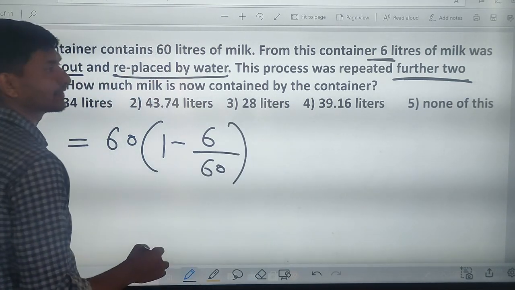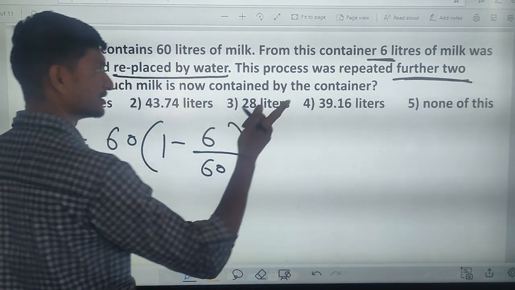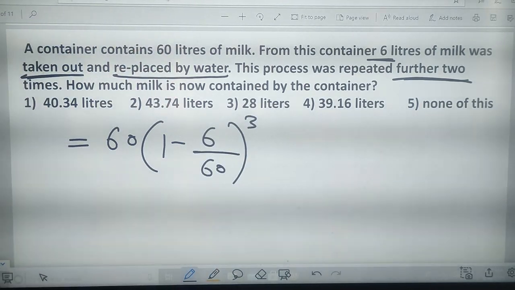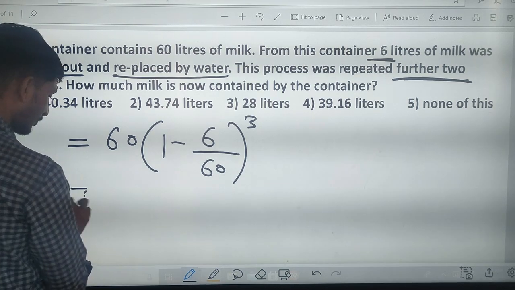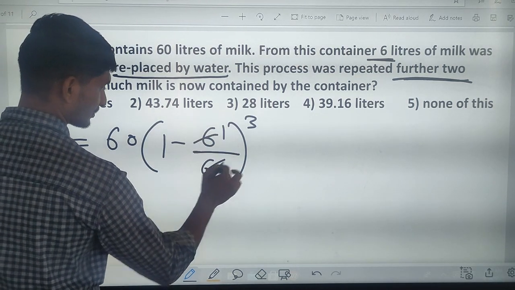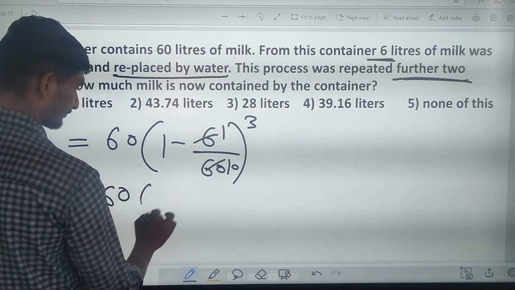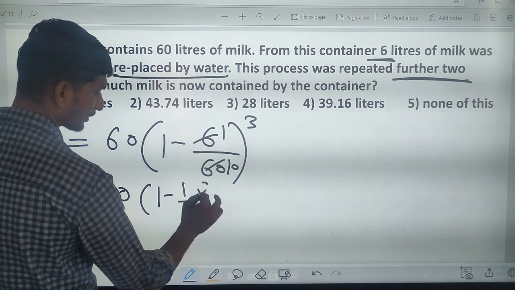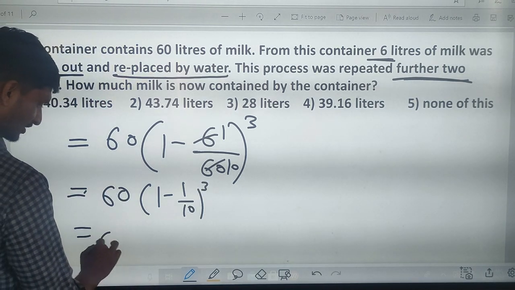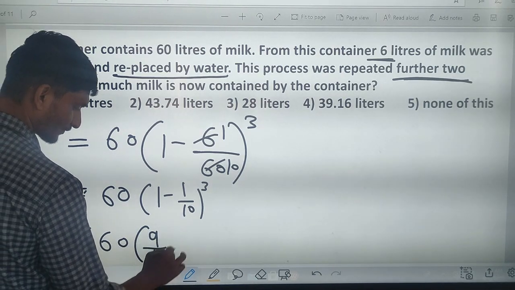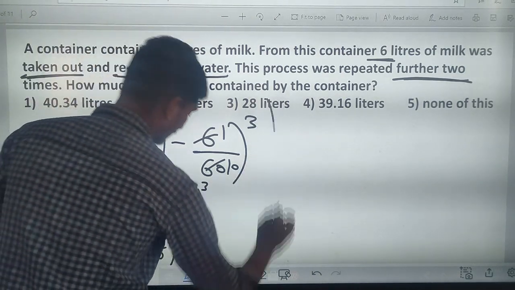This process repeated further 2 times, then this process will be done 3 times. Now we solve it. One minus 1 by 10. This process repeated 3 times. Then 60 into 9 by 10 repeated 3 times.